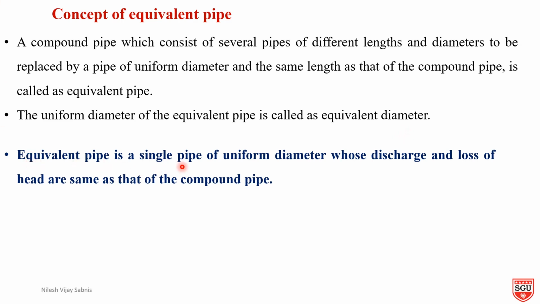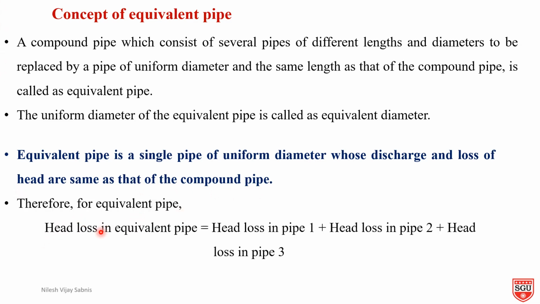Equivalent pipe is a single pipe of uniform diameter whose discharge and loss of head are the same as that of a compound pipe. Therefore, for the equivalent pipe, the head loss in the equivalent pipe is equal to head loss in pipe 1, head loss in pipe 2 plus head loss in pipe 3.